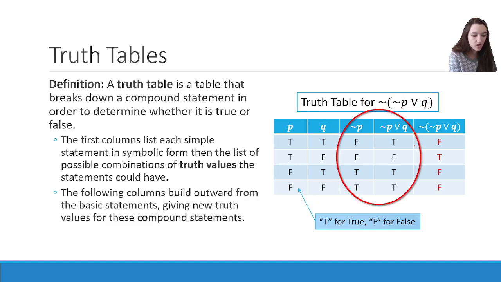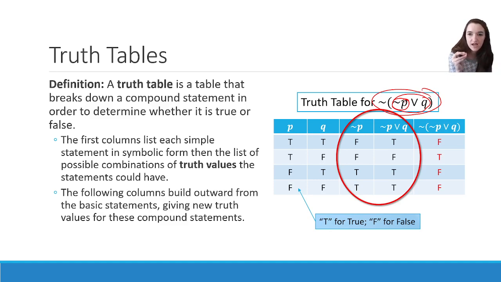Next, the following columns build outward from the basic statements, giving new truth values for these compound statements. When I say build outward, we're going to get into the rules of building truth tables, but essentially, I start from my basic statements, and building outward gets me to the negation first, and then the connective or, and then all the way out to our final one, which is the negation of the parenthetical.